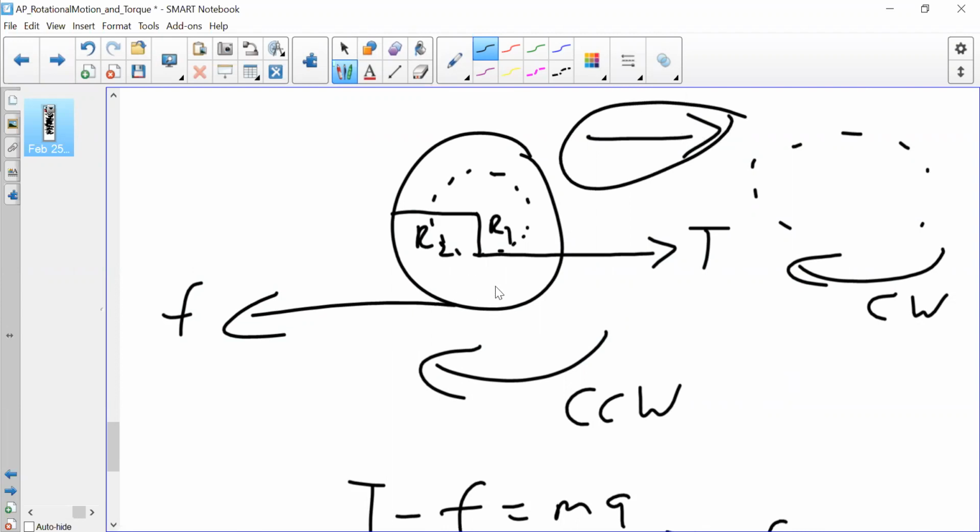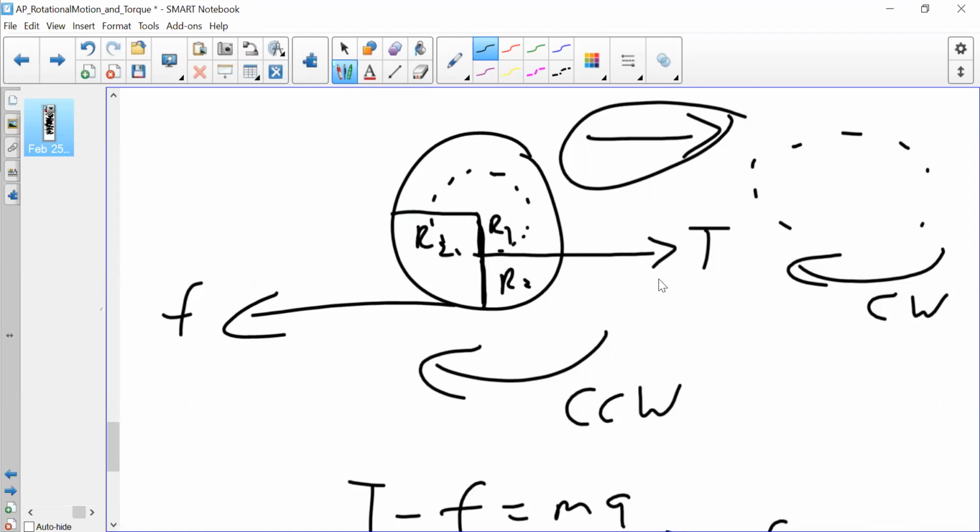So F is going to provide a counterclockwise torque, and I think we're all comfortable with that. Even though there's a tension here, it doesn't cause this inner radius to go in a counterclockwise direction, because that would imply that the inner piece of this wheel is spinning independently. It's just attached by a free spool.